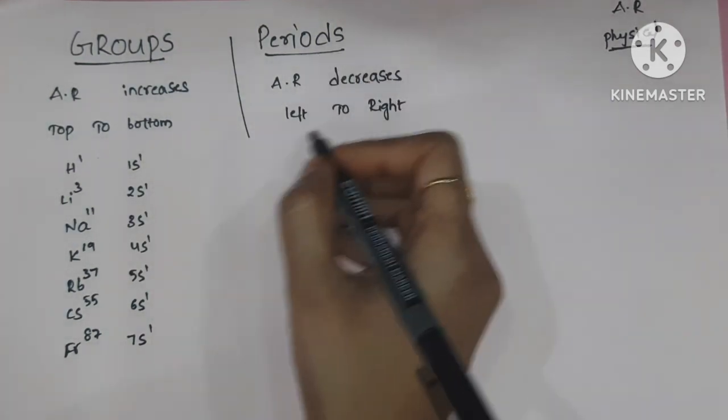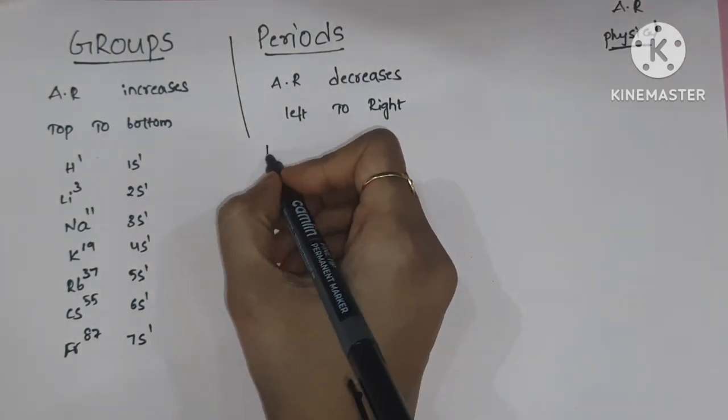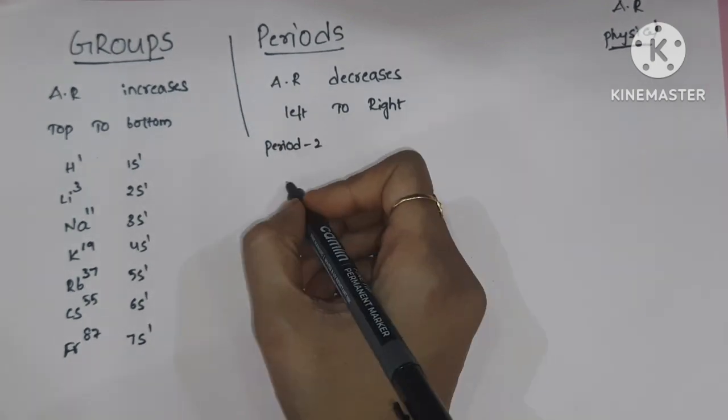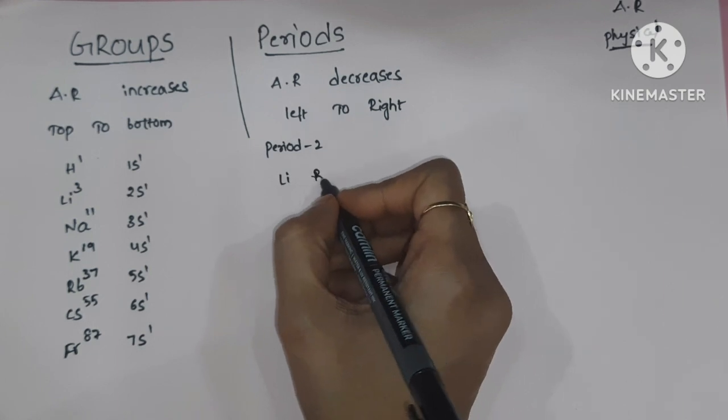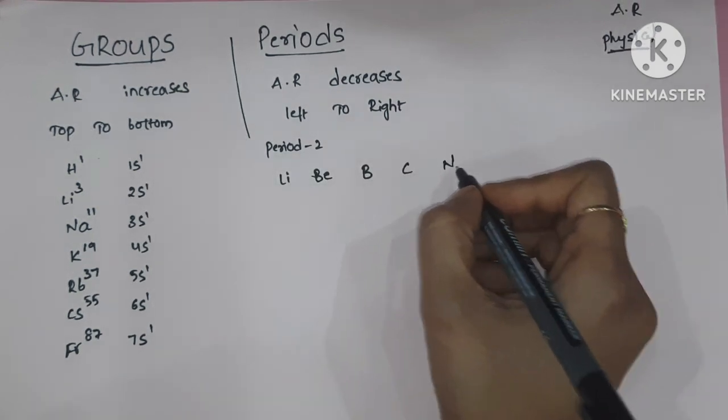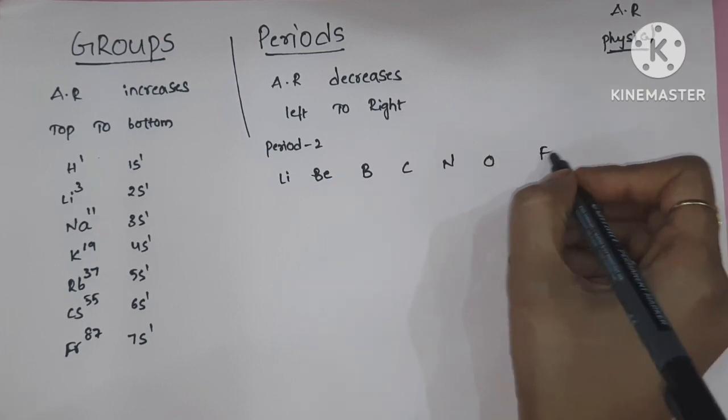And now consider the period 2 elements: lithium, beryllium, boron, carbon, nitrogen, oxygen, fluorine, neon.